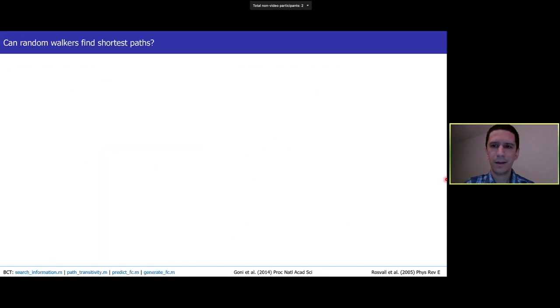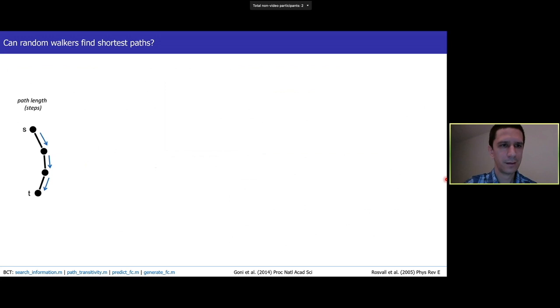The key concept that I want to get across today is that it is actually possible to think about the idea of random walkers finding and looking for shortest paths in their network, taking advantage of the shortest path architecture. And so what I'll spend the next 5 minutes or so talking about is the idea of search information with path transitivity.